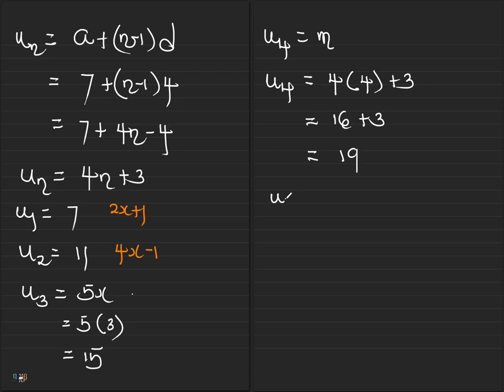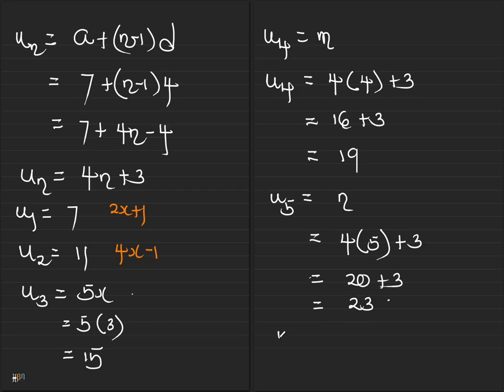Then for the fifth term, which was written as n, we do the same substitution. So 4 into bracket, this time around, it is 5, then plus 3. 4 times 5 gives us 20, so we have 20 plus 3, which is 23.